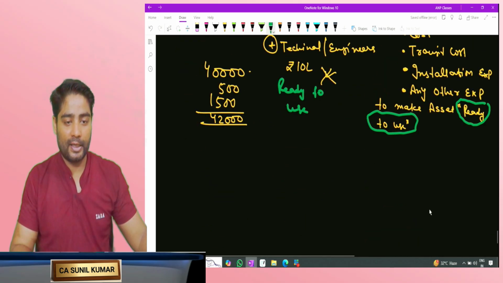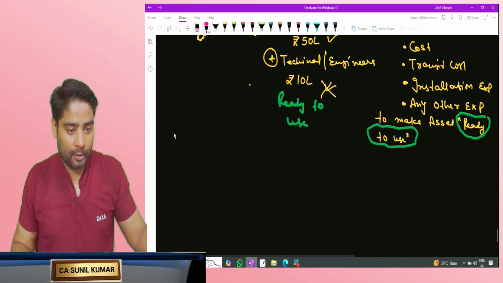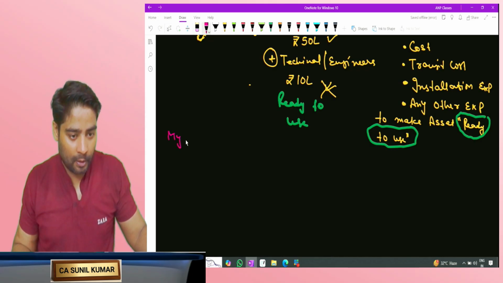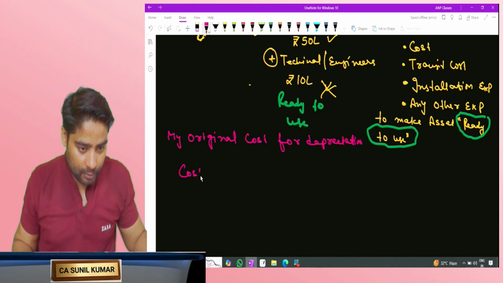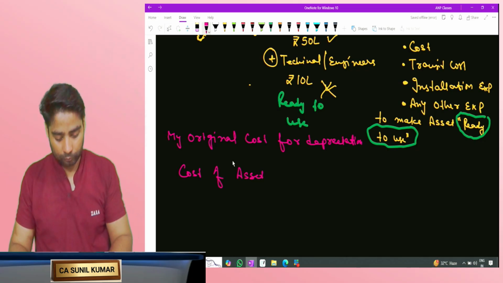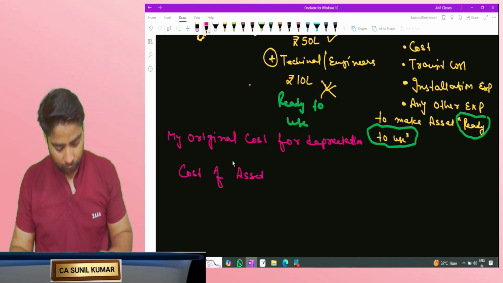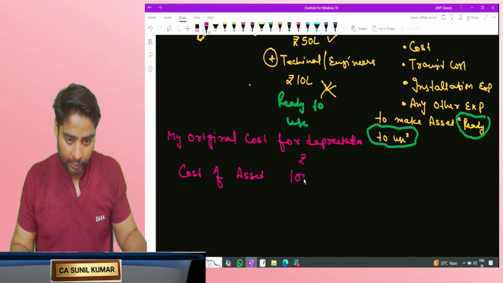So what will be my original cost for depreciation? The cost of asset is rupees 10,000 lakhs.